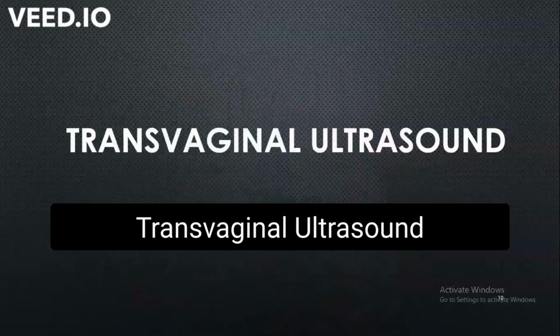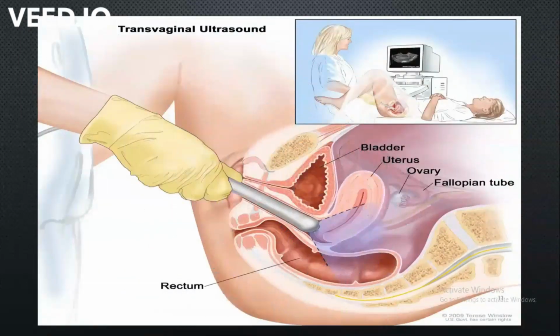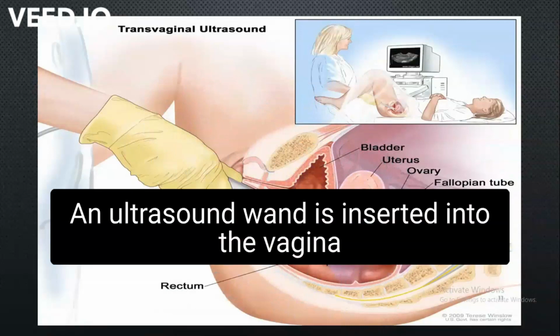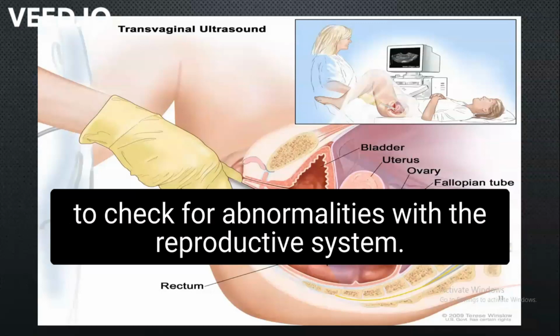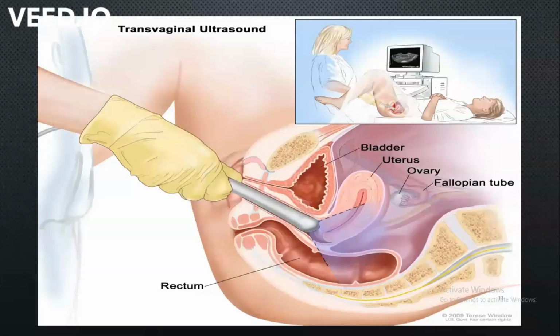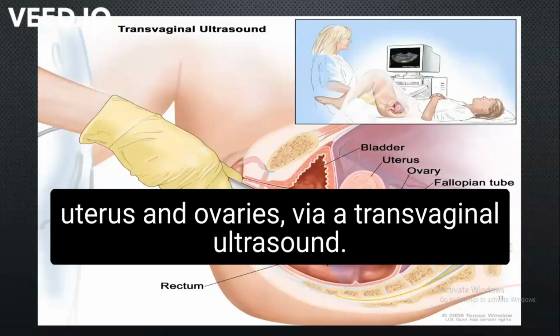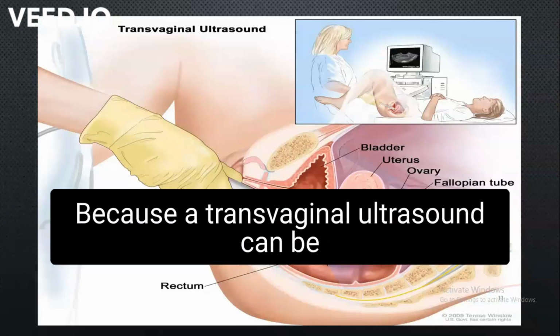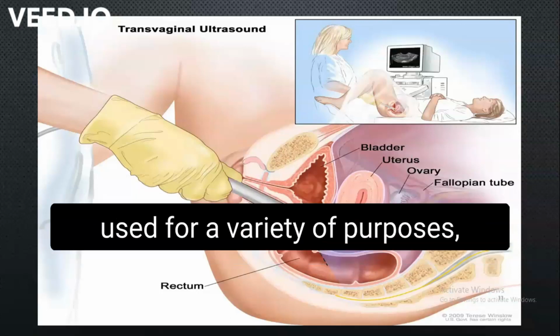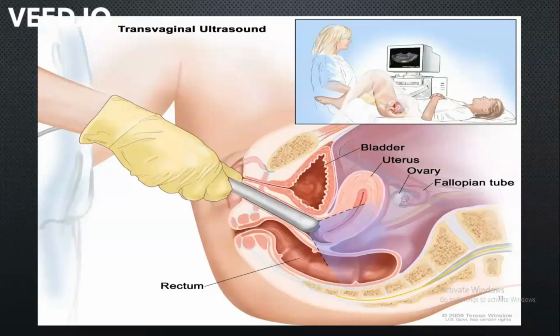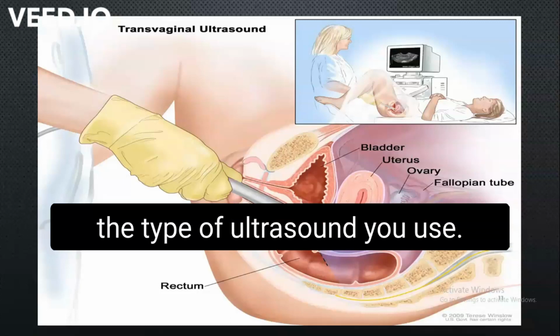Transvaginal ultrasound. An ultrasound wand is inserted into the vagina to check for abnormalities with the reproductive system. Your fertility care team can see your reproductive organs, including your uterus and ovaries, via a transvaginal ultrasound. Because a transvaginal ultrasound can be used for a variety of purposes, your aim will be determined by the type of ultrasound you use.